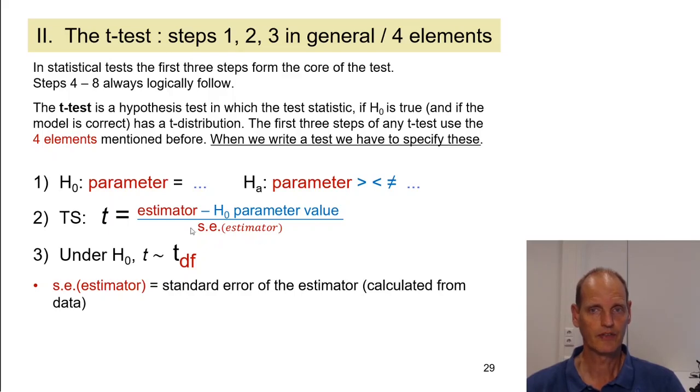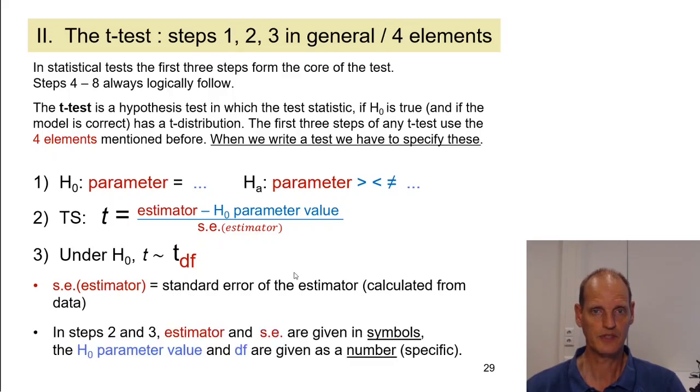And if there is an n, or n1 and n2, we also specify those. But the results of t are not mentioned here yet. That comes under step 6. In steps 2 and 3, estimator and standard error are given in symbols. The null hypothesis parameter value and df are given as a number, so that must be specific.